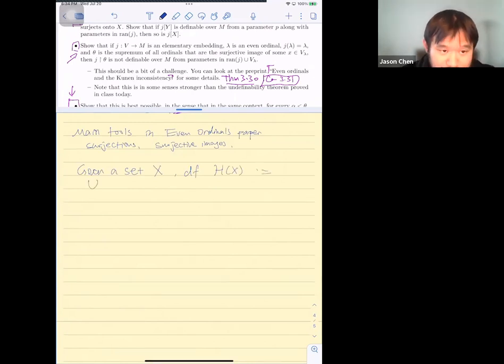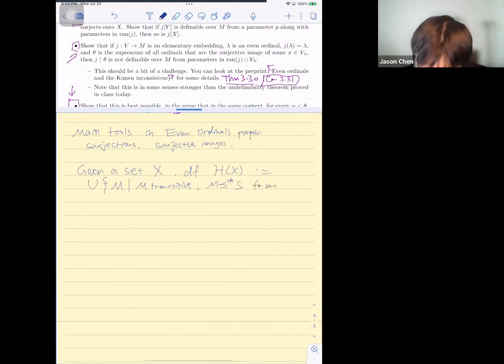It's the union of all the sets M such that M is transitive and M, now I'm going to explain what this means when I finish writing this, for some S in X. This means that there is some surjection going from S to M. Again, the context is ZF, so we're not assuming choice.